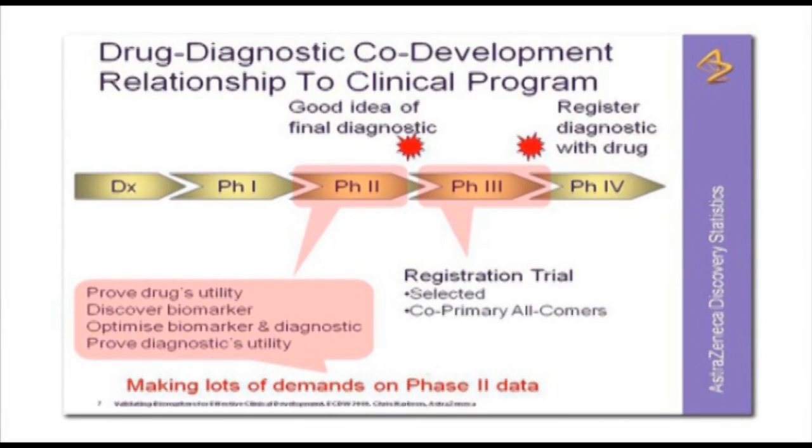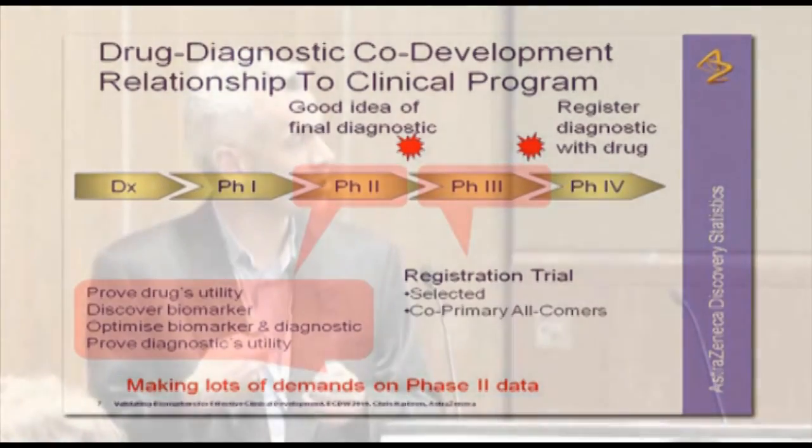So working backwards from that, it really means that by the end of the phase 2 program, which is going to be a comparatively small program in terms of population size, we're going to have to really look at that data, not just to prove the drug's utility as it normally would, but it's also going to have to prove a lot of information about the biomarker and the diagnostic, maybe at the level of either just discovering the biomarker, or at least at certain levels of optimizing the diagnostic biomarker and proving the utility of the diagnostic at this stage.